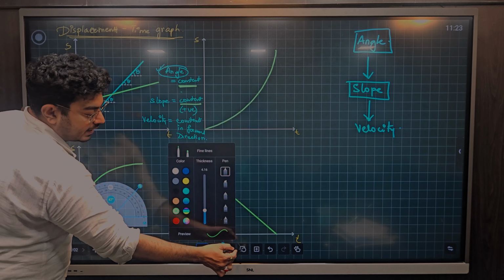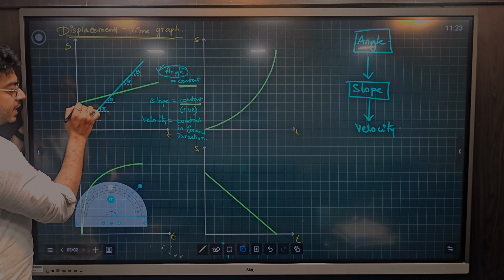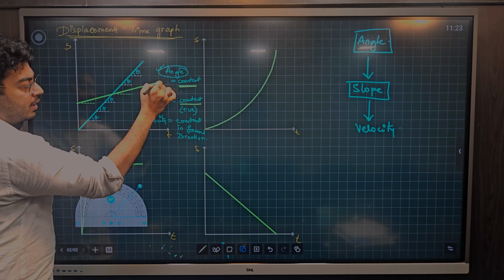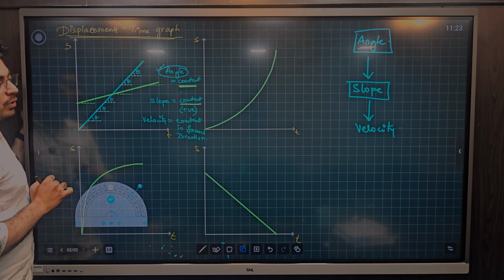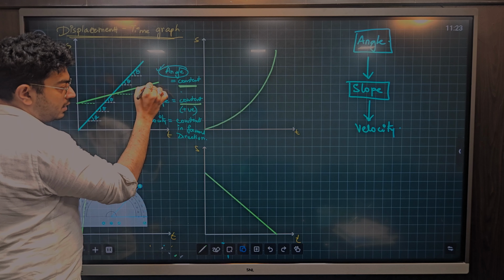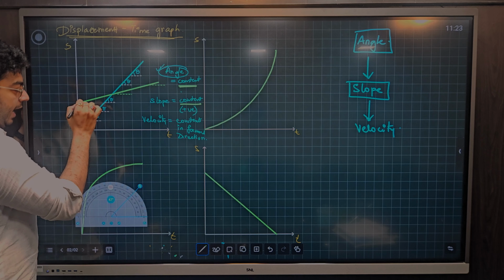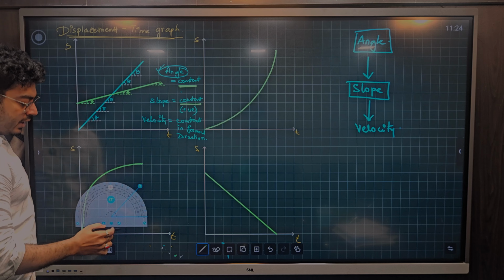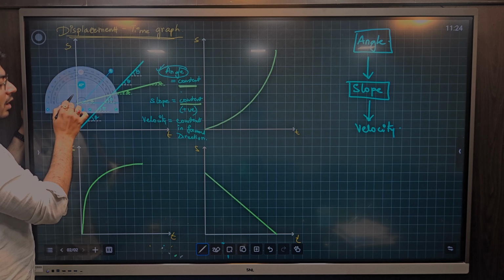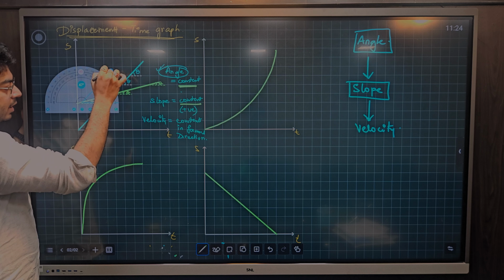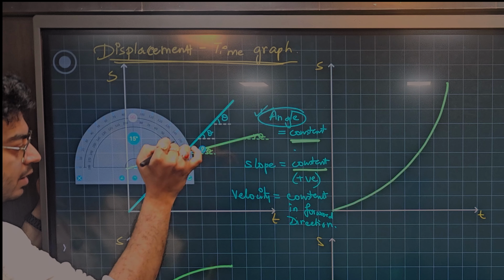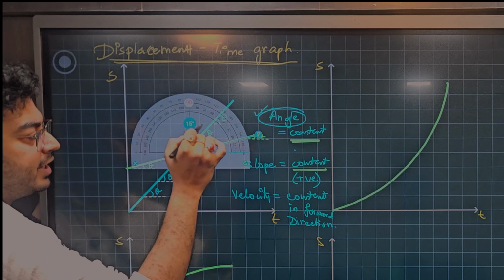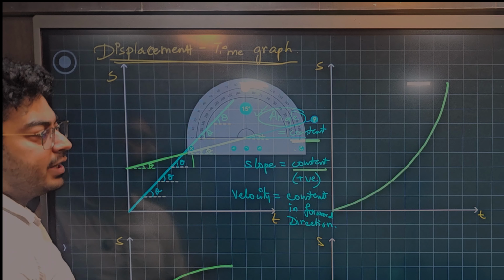Now tell me, what about this green one? For the green one also, the same case. You make these dotted lines which are parallel to the time axis. Now we'll go for the angle. Can you see? We are going for the angle. Use a simple protector, and this is how much? 15 degrees.